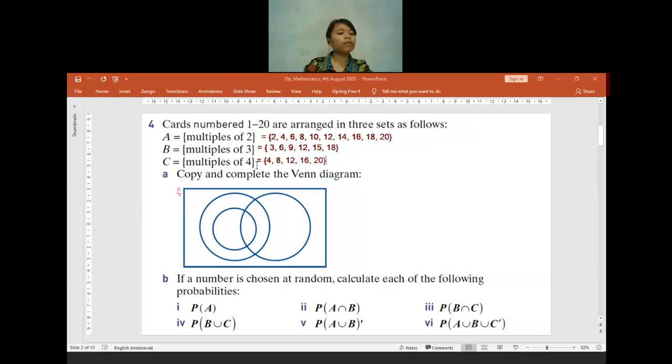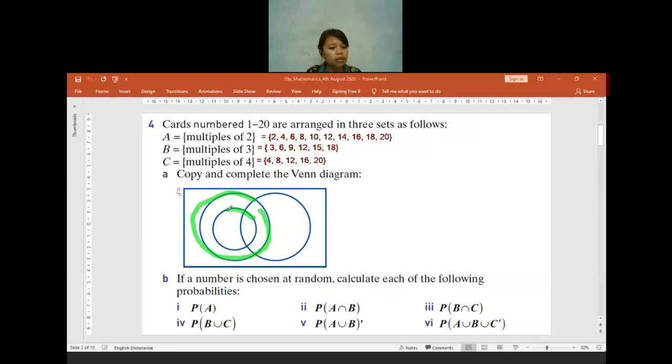Now we already have the circles, but the circles have no labels. Our job is to label the circles: which circle will be set A, which circle will be set B, which circle will be set C. Maybe we can focus on the circles that have an inner circle and an outer circle.